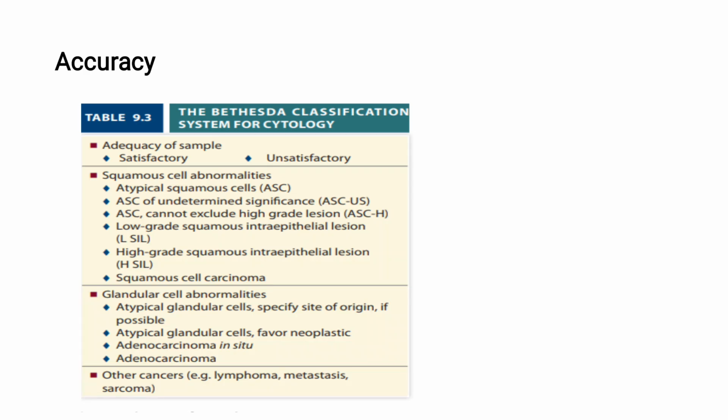In glandular cell abnormalities, atypical glandular cells, specify site of origin if possible. Atypical glandular cells favor neoplastic, adenocarcinoma in situ and adenocarcinomas, and other cancers like lymphoma, metastasis and sarcoma.